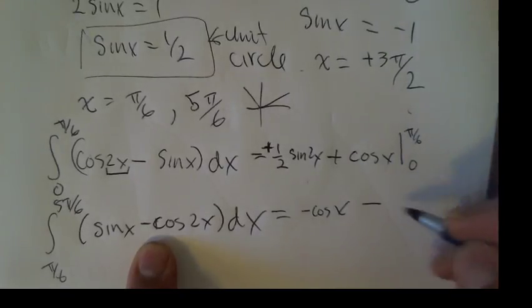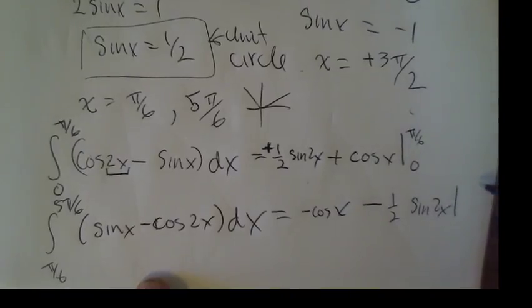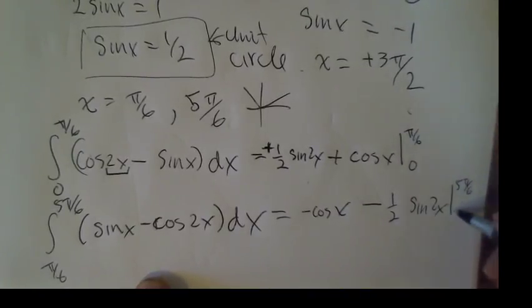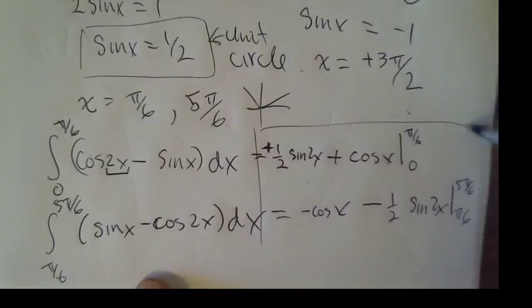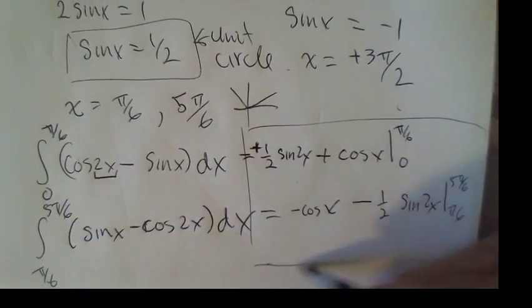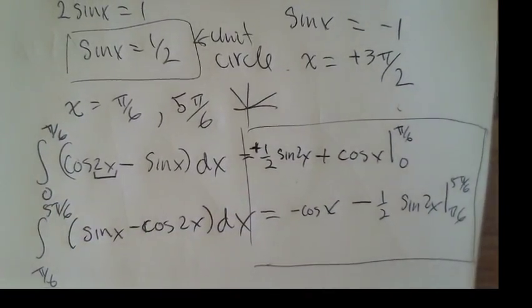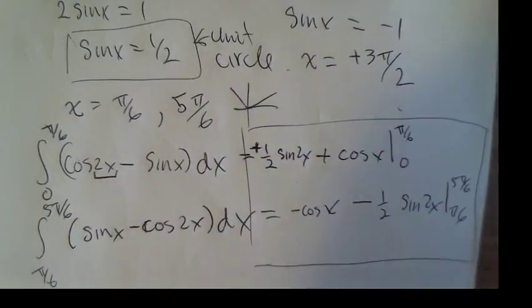And then out here we'll have 1/2 sine of 2x. Again, I won't plug it in. You guys can finish it off from here. After you plug in both of those, you add the two values that result.